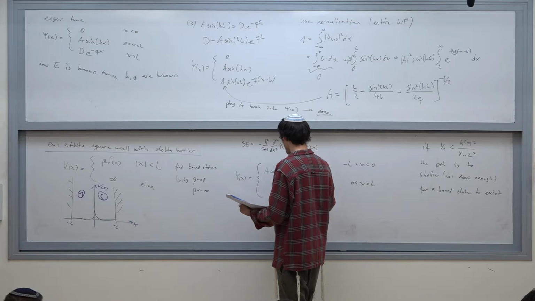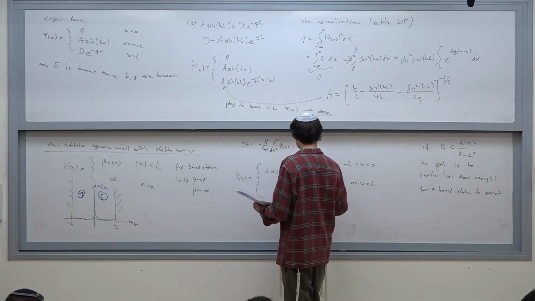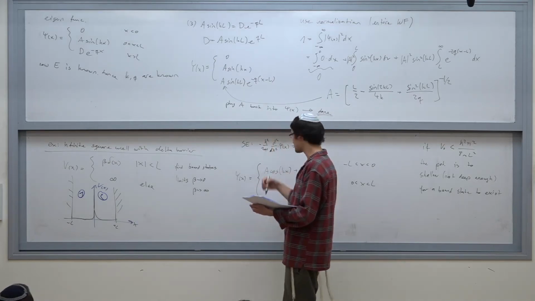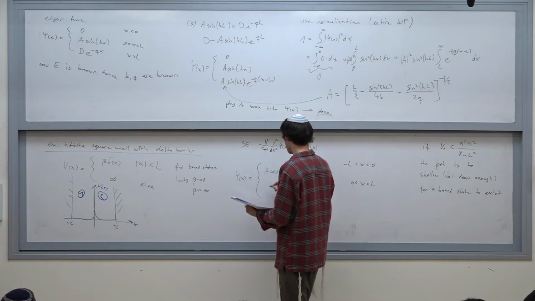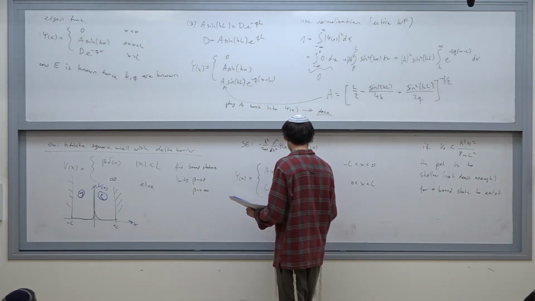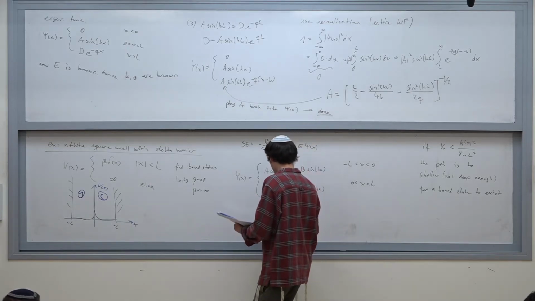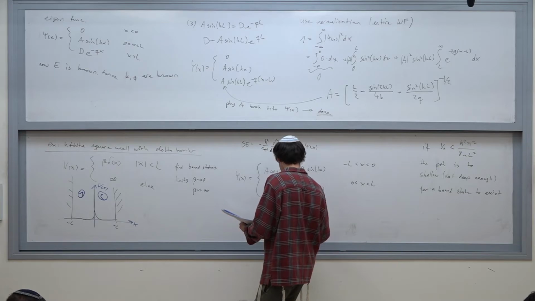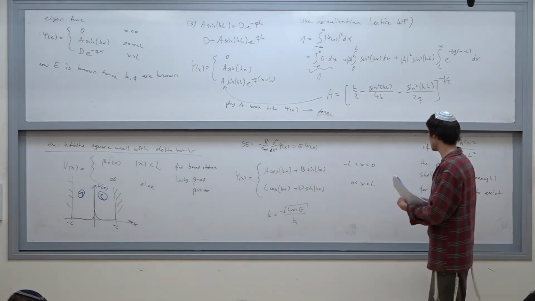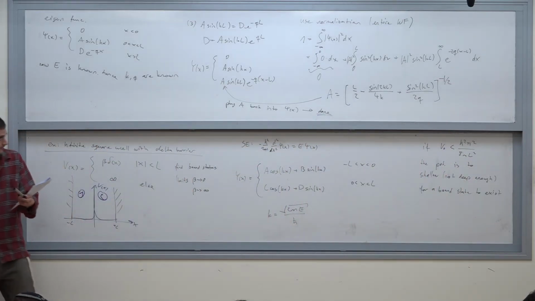I'll tell you the reason why. But of course, you can also use exponential functions with e to the ikx and e to the minus ikx, and you'll get to the same place. It just might take you a little longer. Where k, of course, as usual, is root 2mE over h bar. Okay, that was the easy part.